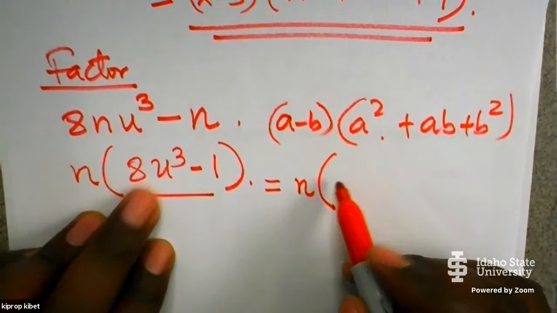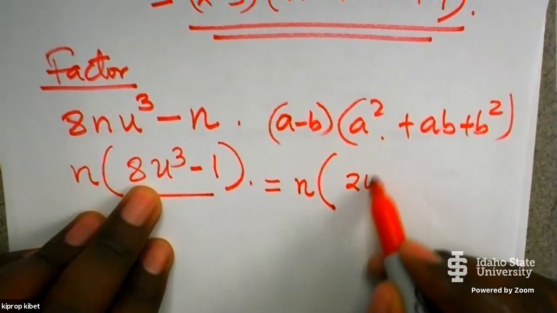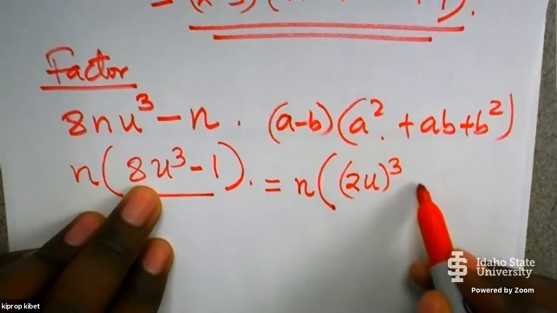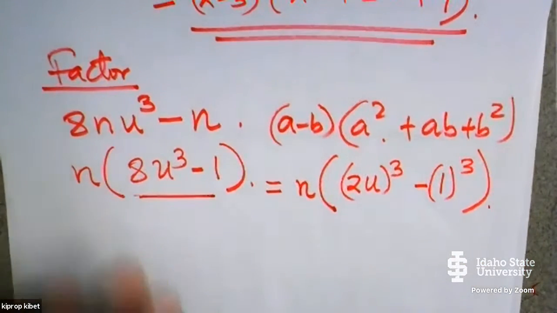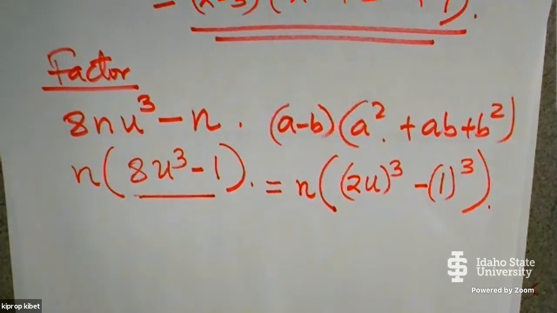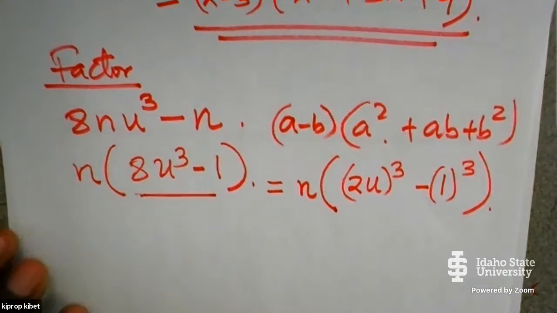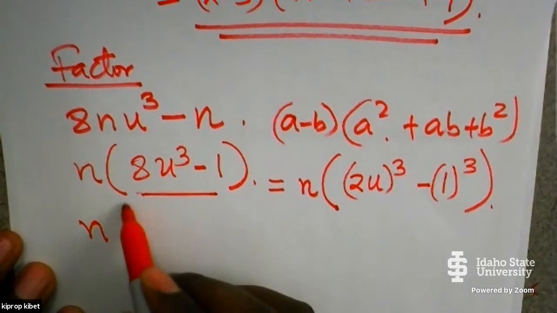Here we do 2u cubed minus 1 cubed. So we have our A, which is 2u, and our B is 1. We retain our n outside.